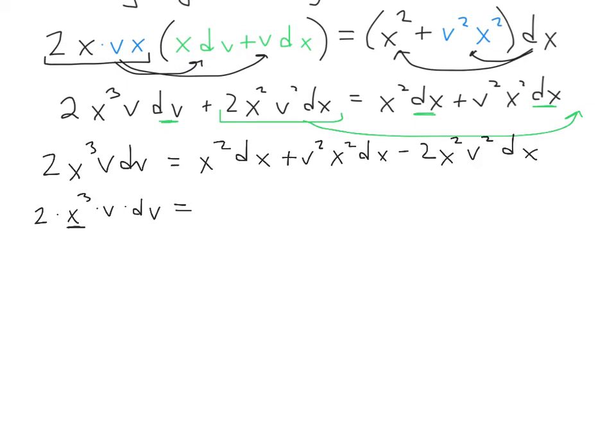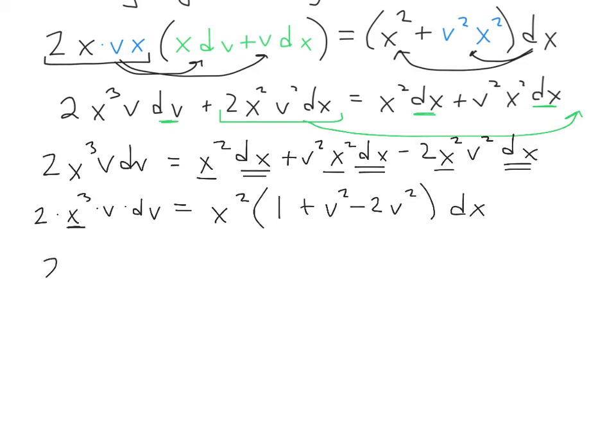I'm noticing that there is an x squared in all of them, so I can factor that x squared out. I'm also noticing that there's a dx in all of them, so I'm going to factor that dx out. I'm actually going to factor that one out at the end, because we always like to have those things at the end. All the other stuff that's left, there's basically a 1 from the first term, there's a v squared from the second term, and there's a minus 2v squared from the third term.